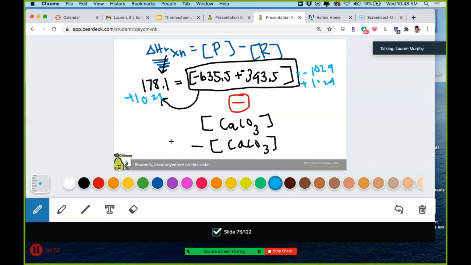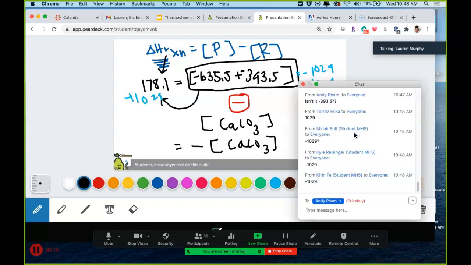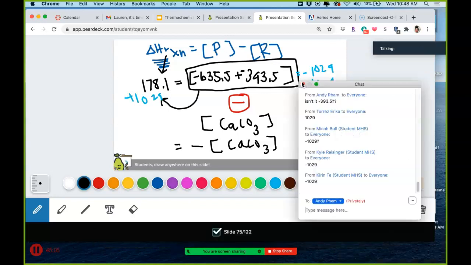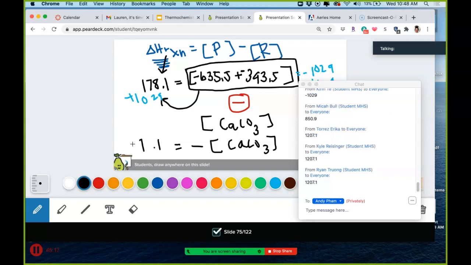So what do we get over here? 178 plus 1029 is what? Something 0.1. 1207.1.